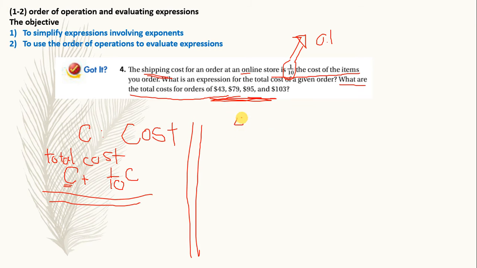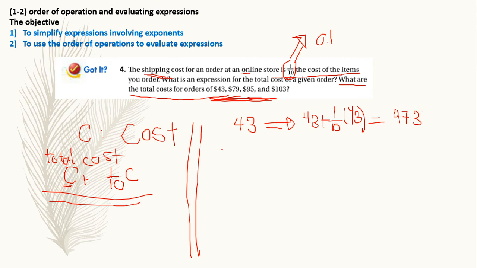Once the price is 43, you will say 43 plus 1/10 times 43. You do your calculation to get 47.3.